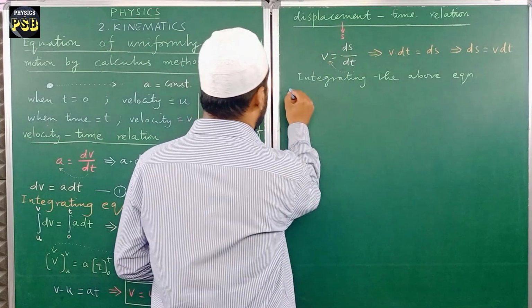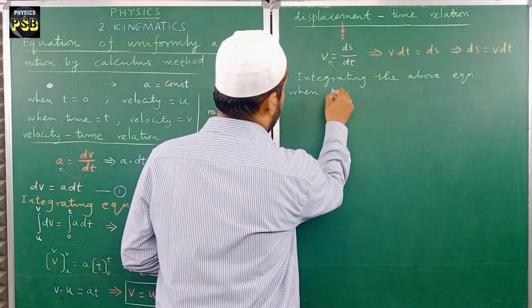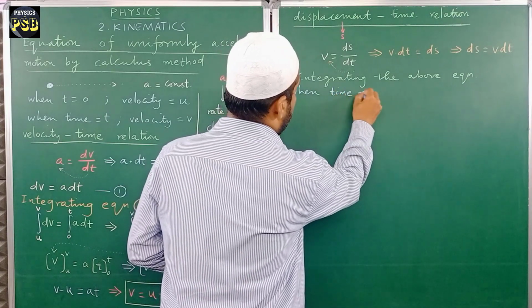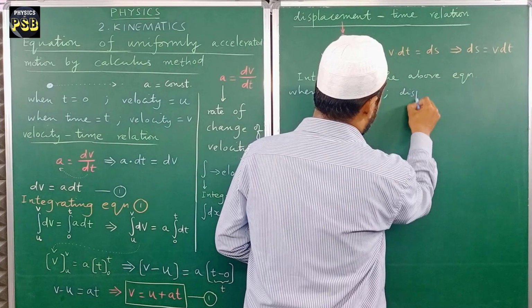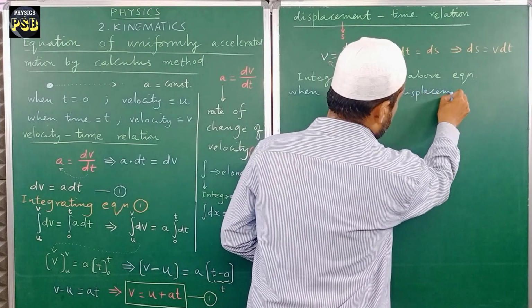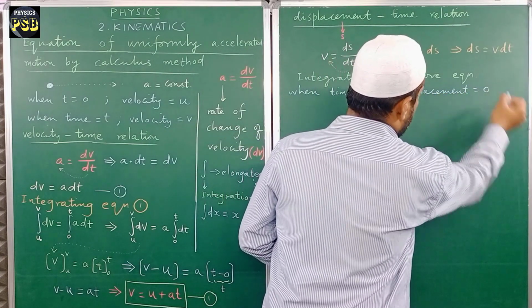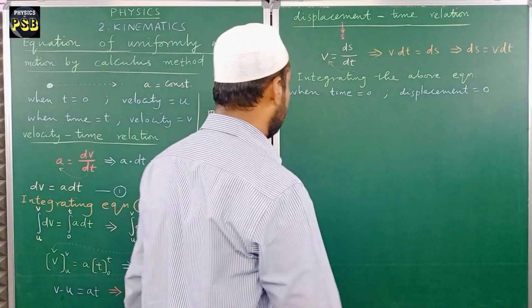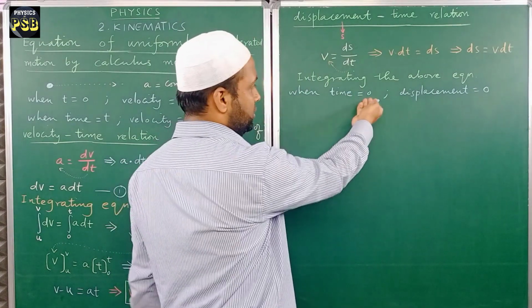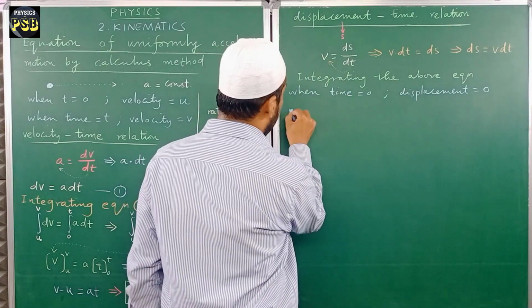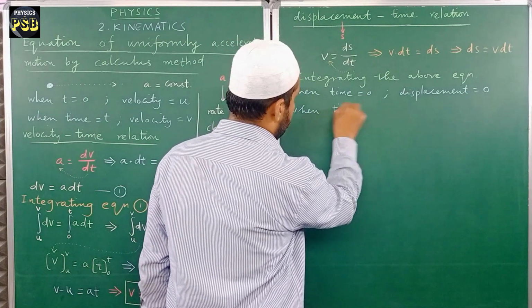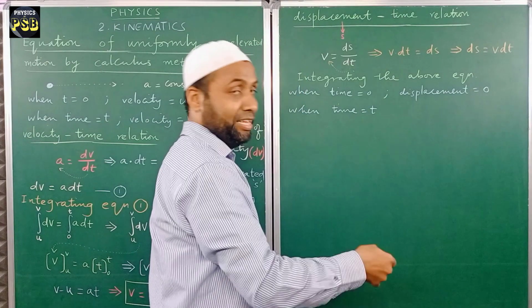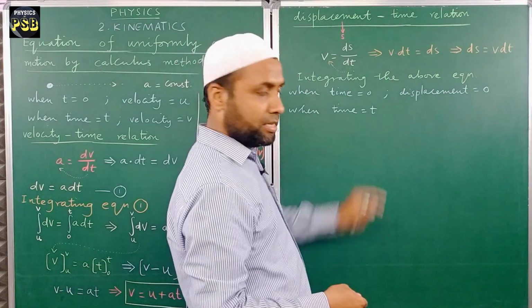When time is 0, displacement is 0 meter. Okay, time is measured in second, 0 second. When time has turned into t, so t is considered as the maximum value.